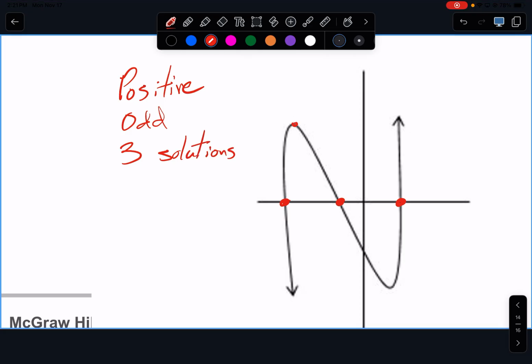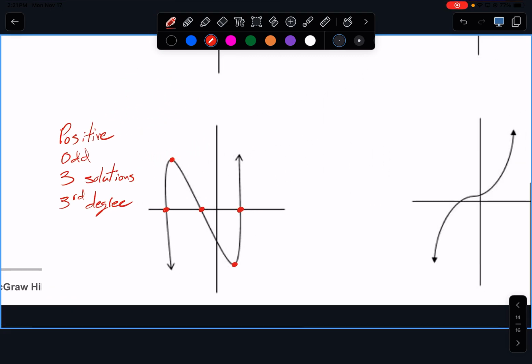And then my degree, because I have 2 turns, it could be the 3rd degree. Yep, that's the maximum degree it could be. Okay, there are some other things that could happen with imaginary solutions and stuff that could change this. Okay, all right, next one.